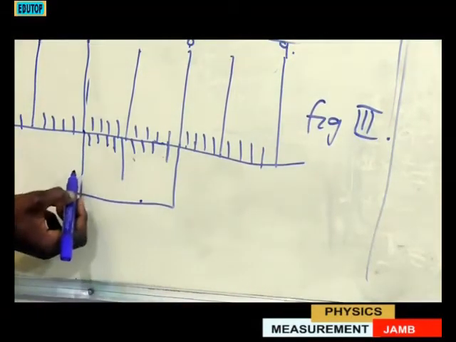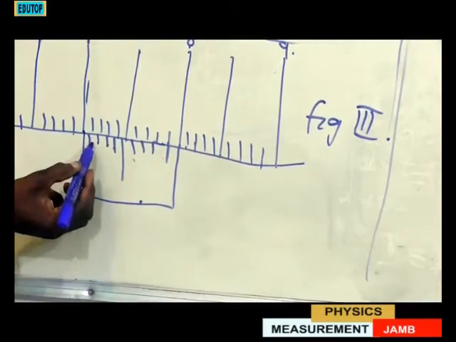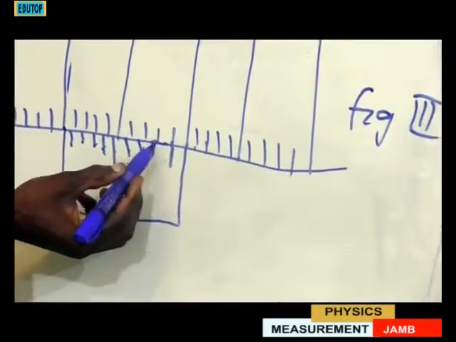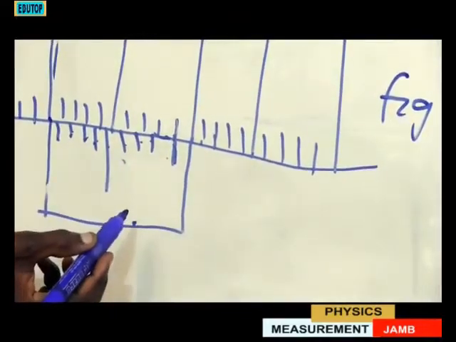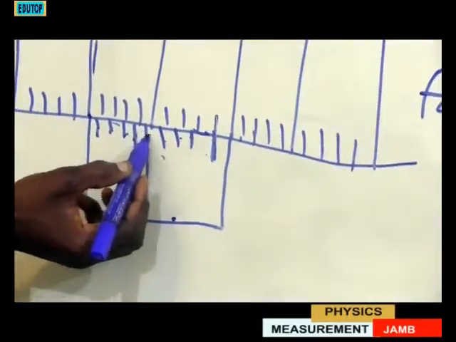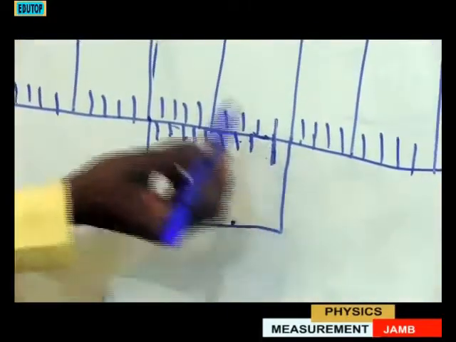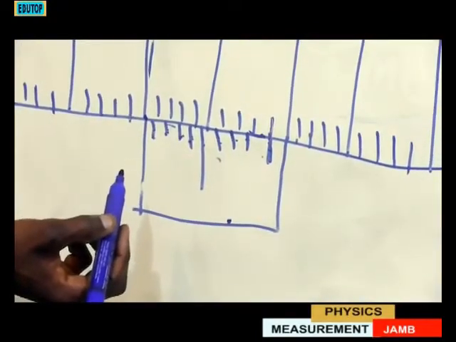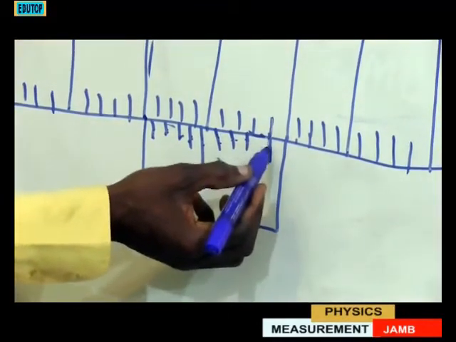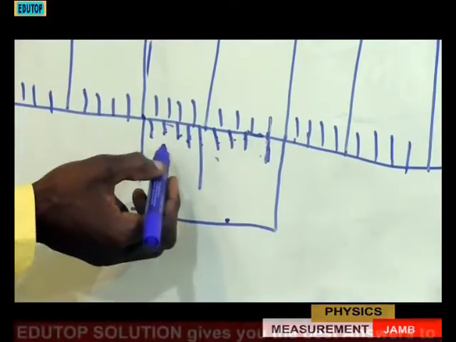So let's calculate now. This is 1, 2, 3, 4, 5, 6, 7, 8, 9. It is 9. But I told you that whatever you get from here, always multiply with 0.01.